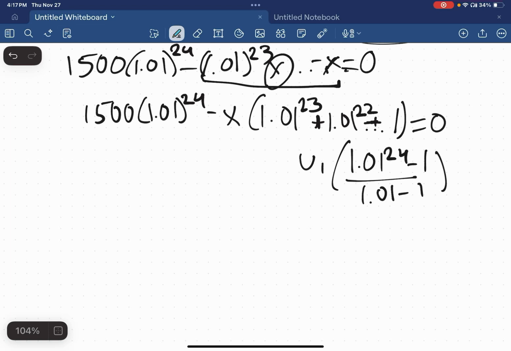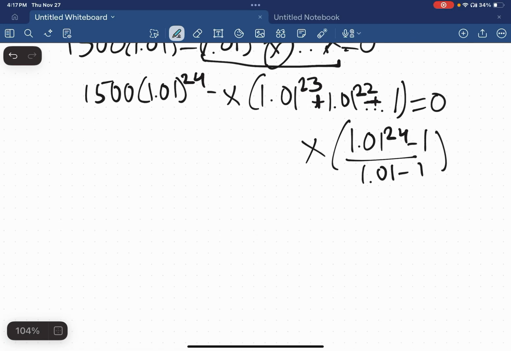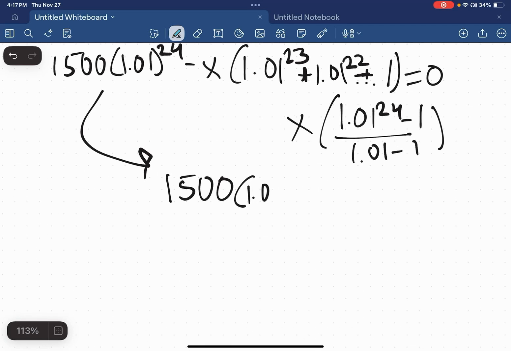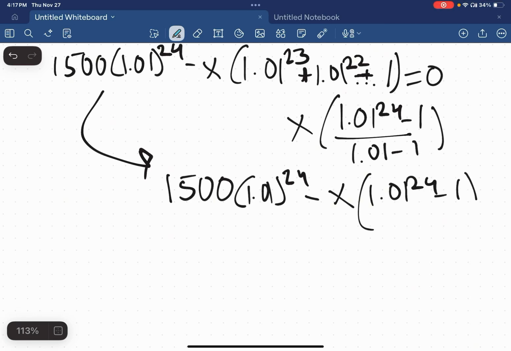And we'll replace the u1 with x. So we know that 1500 times 1.01 to the 24 minus x times 1.01 to the 24 minus 1, divided by 1.01 minus 1, is equal to 0.